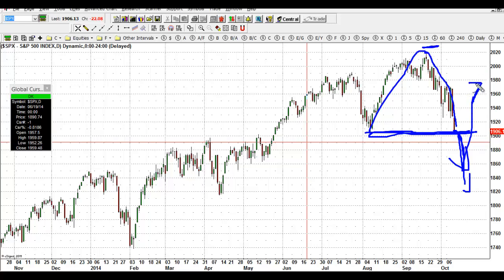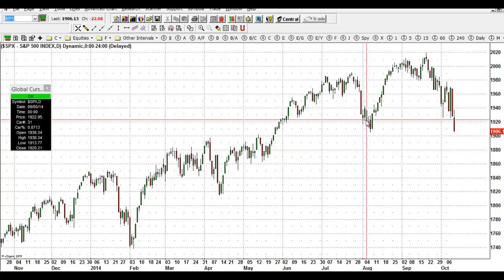But that is out into the future. What we need to look at is to see if this 1900 level is breached. If it is breached, it could spell some trouble for the broader stock market, and we have to keep an eye out for that.